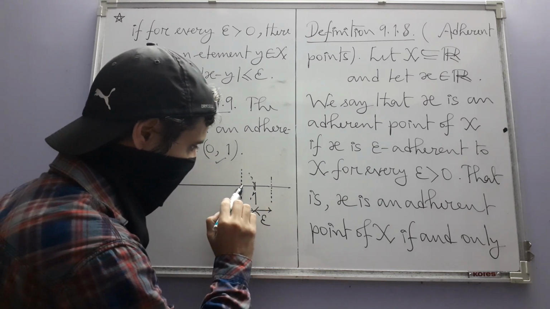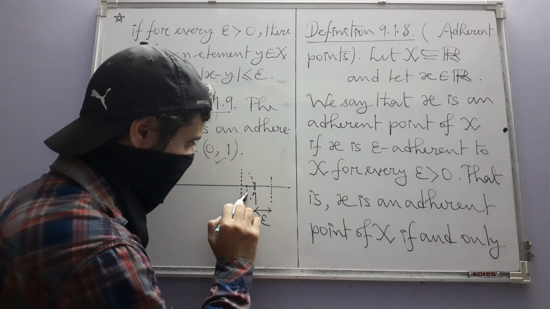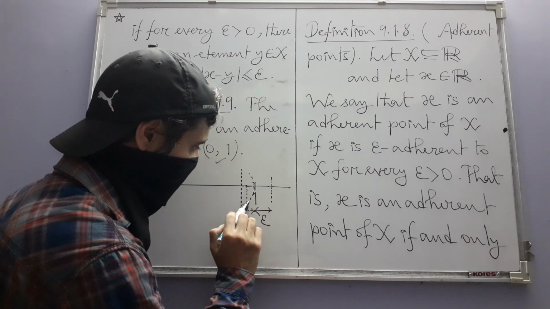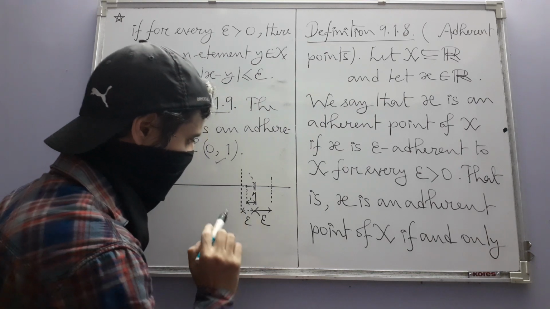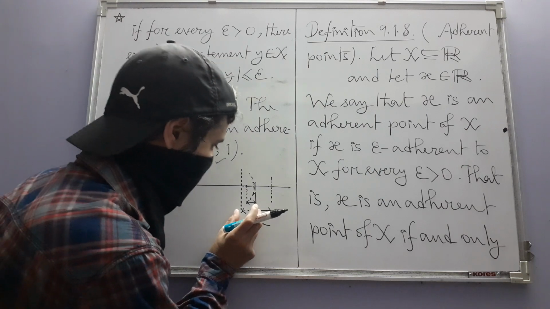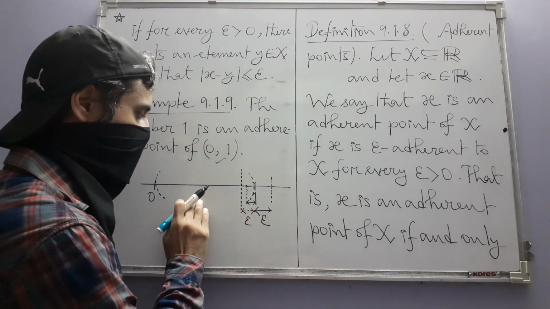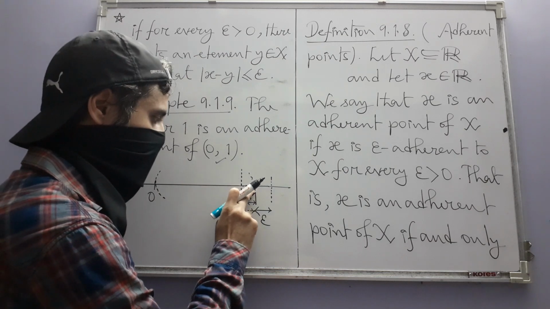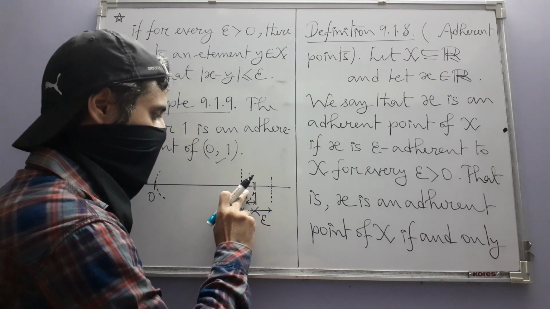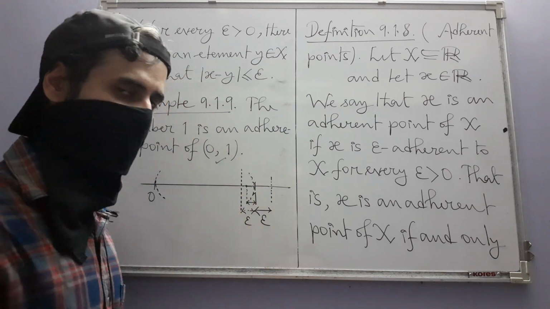In this region, if you choose something, then obviously its distance from 1 will be less than epsilon. So it does not matter how small you choose epsilon to be, since there will always be something even closer to 1 from the left-hand side of 1 than that distance.